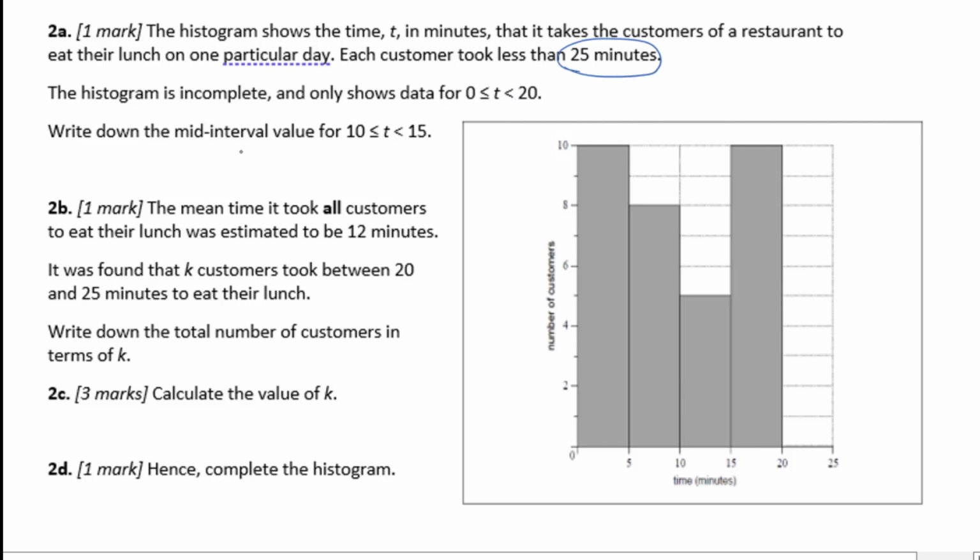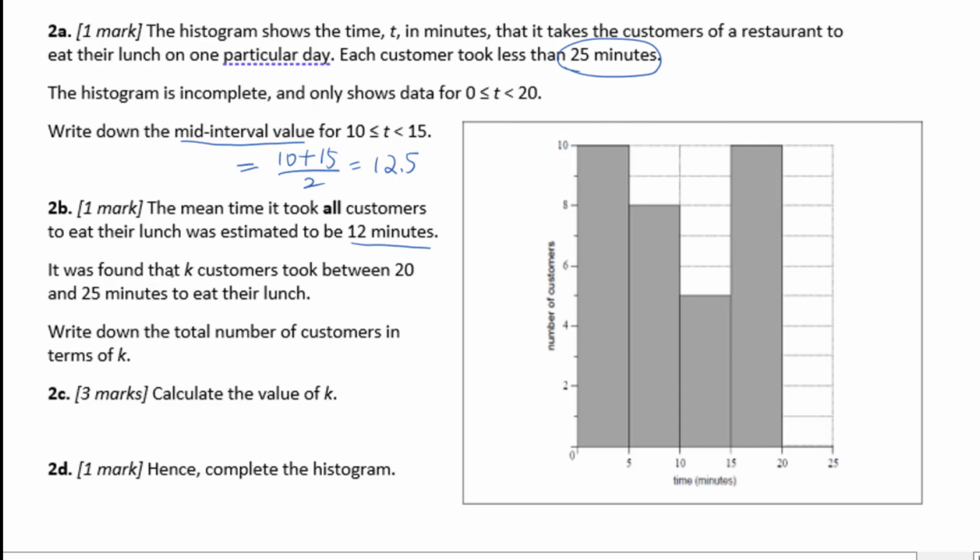Write down the mid-interval value for t greater than 10, less than 15. The mid-interval value equals 10 plus 15 over 2, that equals 12.5.